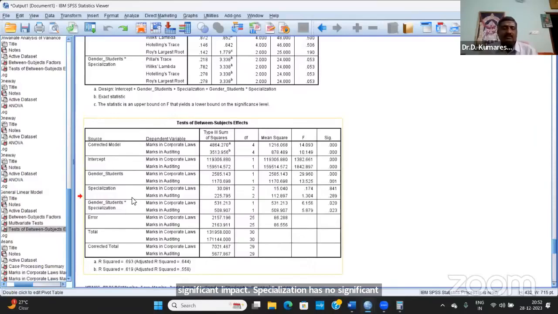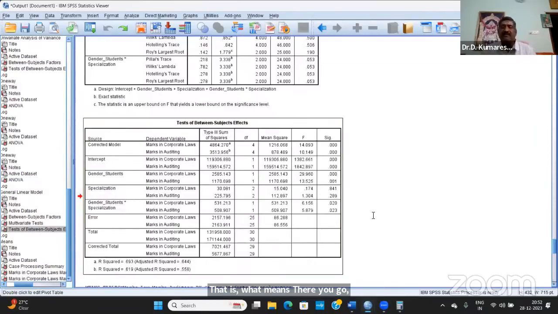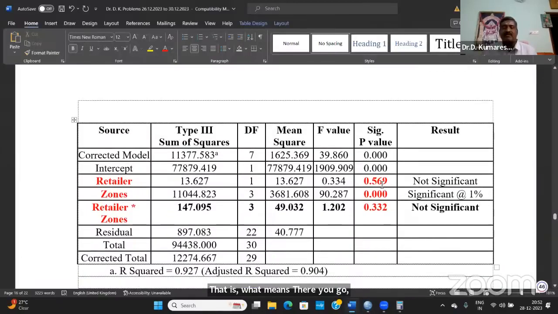Whereas in the earlier case, both had significant impact. But here, look at this. No significant impact, again no significant impact. So it is based on the independent variables, not based on anything else.